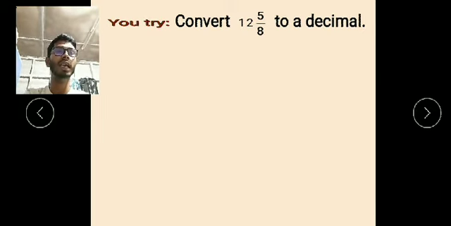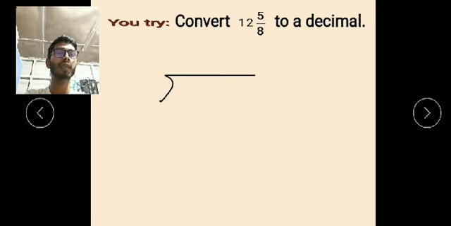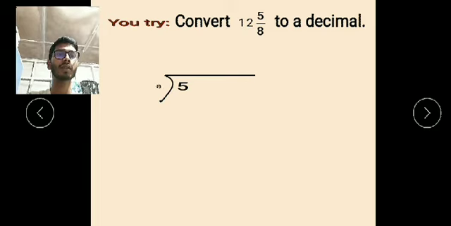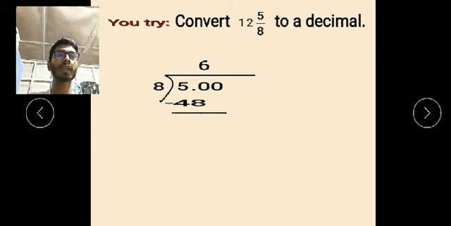Let us try one more question. 12 and 5 by 8. Same process we will do once more. 5 by 8, so 5 will be inside and 8 will be outside. Just go on dividing as we did in the previous question. 8 6s are 48, so 50 minus 48 will give you 2. A 0 will come down.